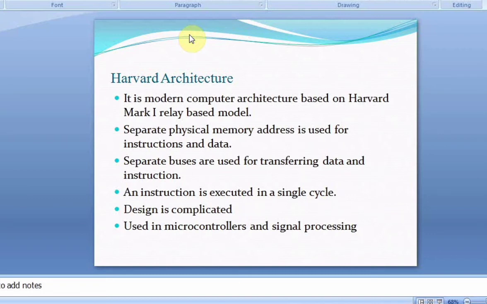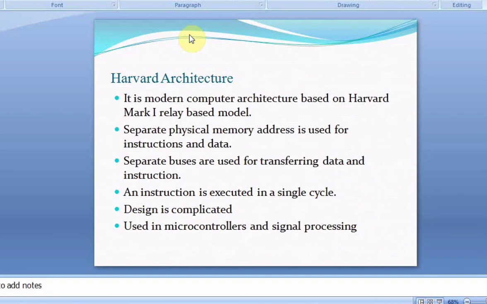Here, instructions and data can be fetched simultaneously, as there are separate buses for instructions and data, which will increase the operational bandwidth. Therefore, this architecture basically solves the problem which is present in the Von Neumann architecture.